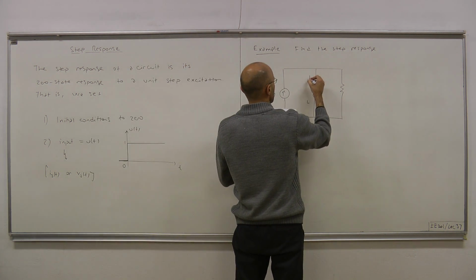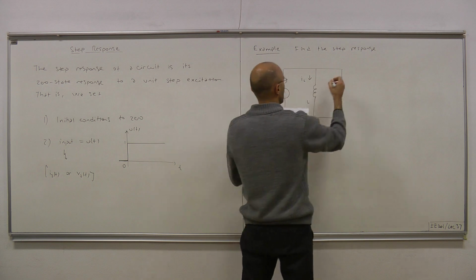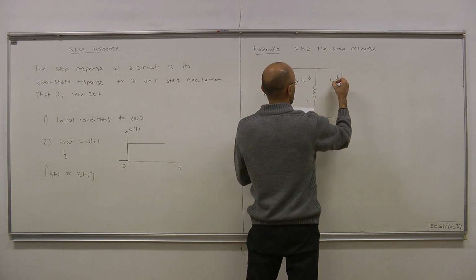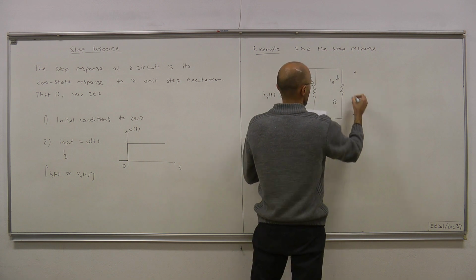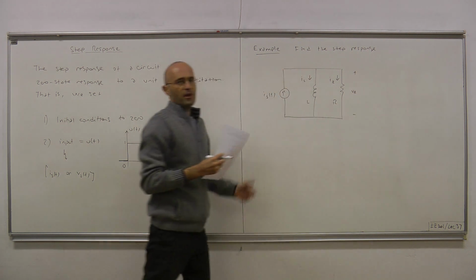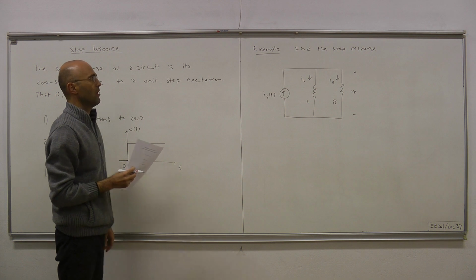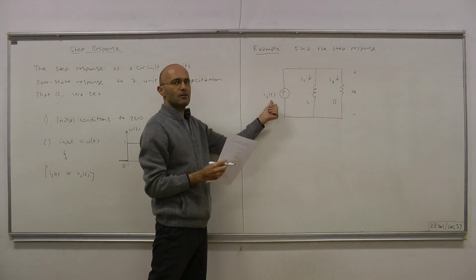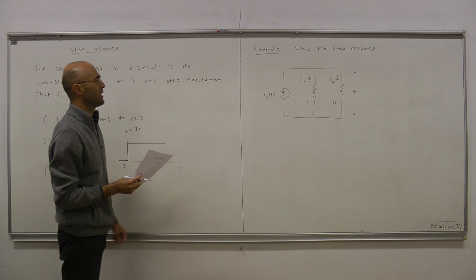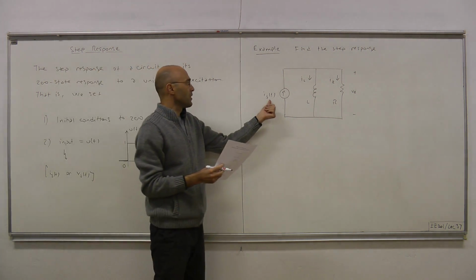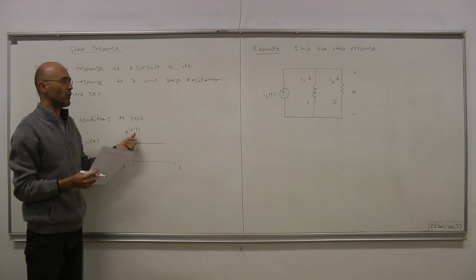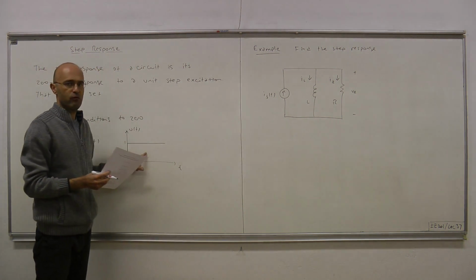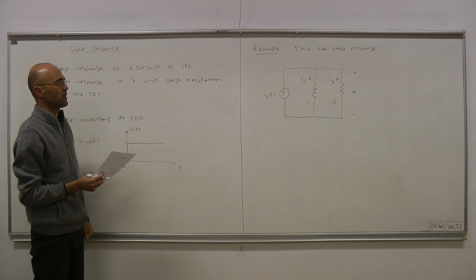Now, L, R, and this is the resistor voltage. Okay, now it's clear that because we have a single input, we're going to apply this waveform. Okay, so i_S(t) will be this waveform, to figure out the step response.